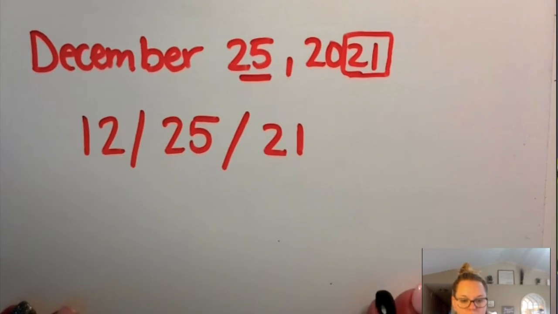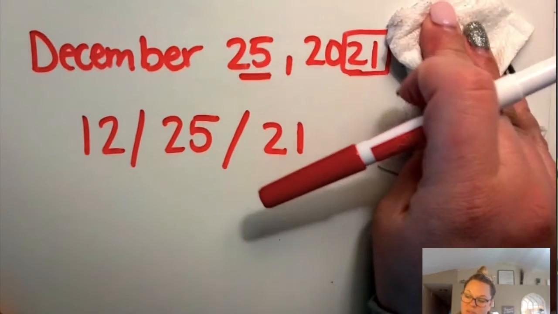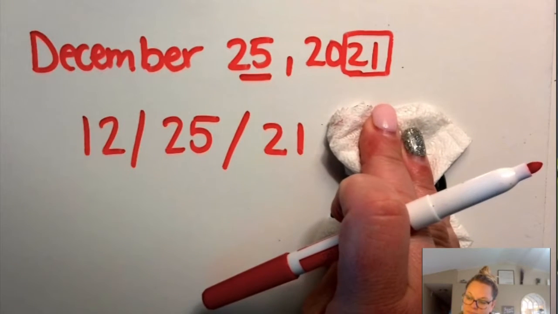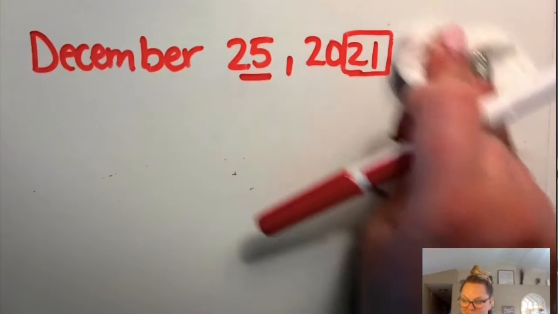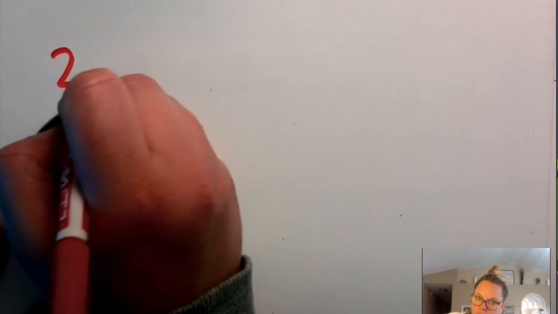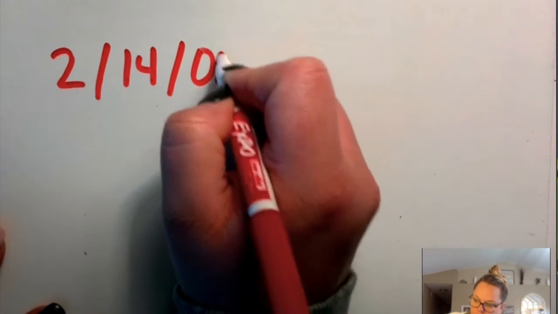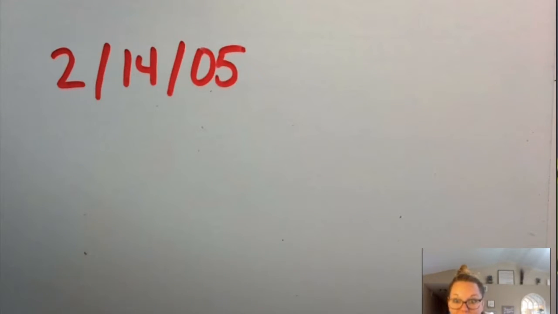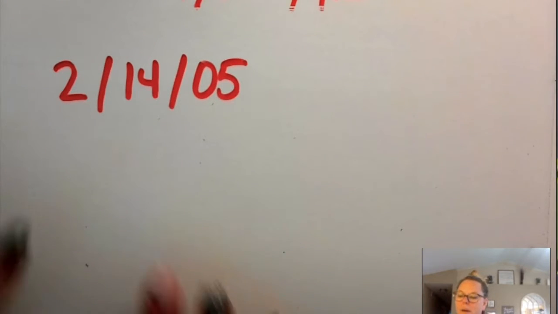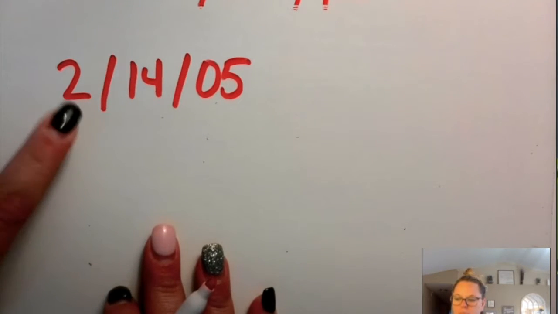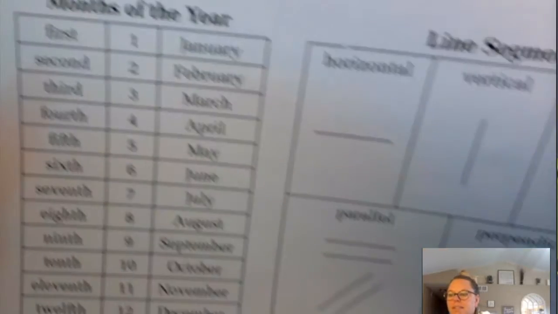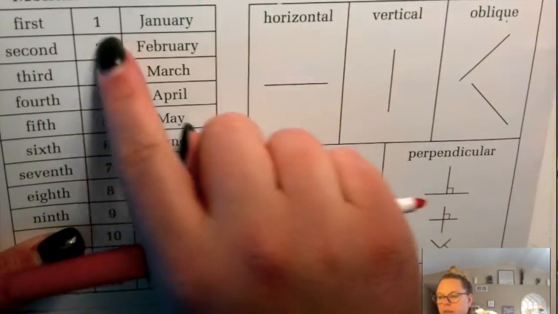Okay, now, what if I only give you the digits? So, what about this? 2 slash 14 slash 05. I only gave you digits this time. So remember, this first digit tells you the month. What is the second month of the year?